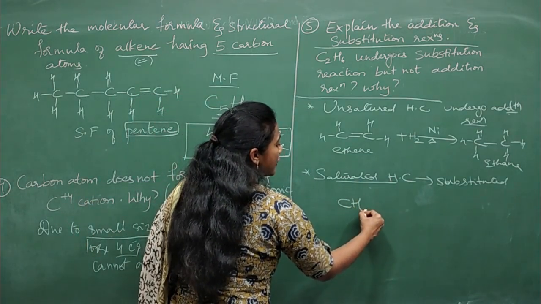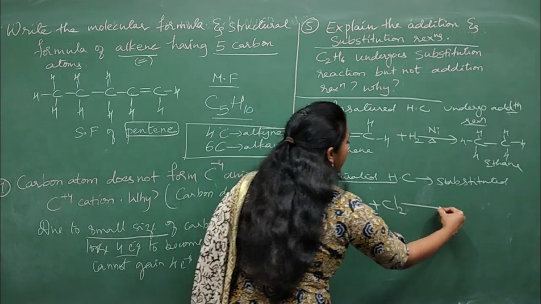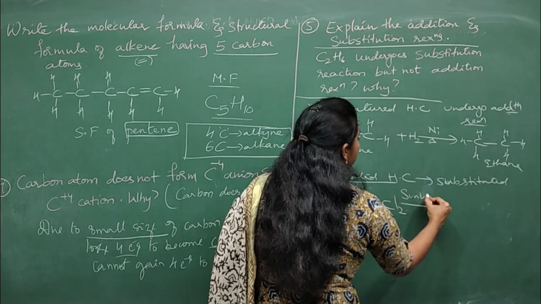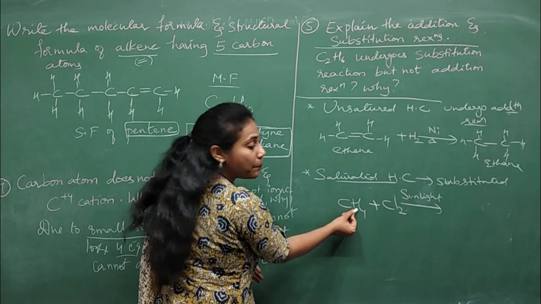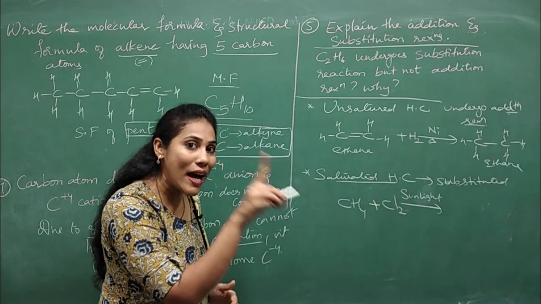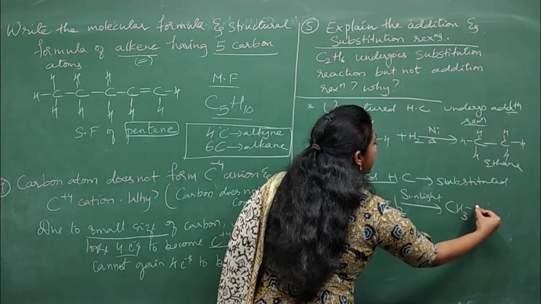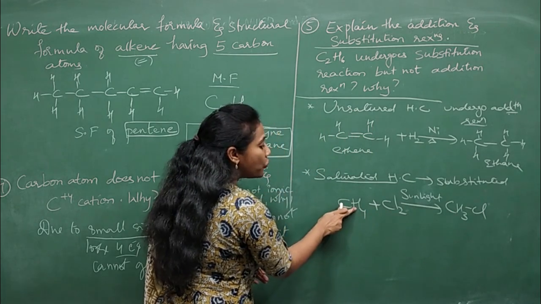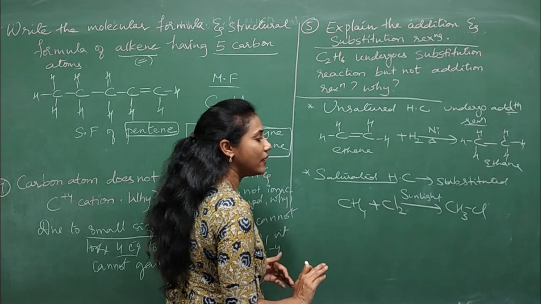Say you can take CH4. When you react CH4 with chlorine in the presence of sunlight, you know what happens? One of the hydrogen atoms of CH4 gets substituted by one Cl atom. So you will get CH3Cl, right? Among the 4 hydrogen atoms, remove one hydrogen, add one Cl.